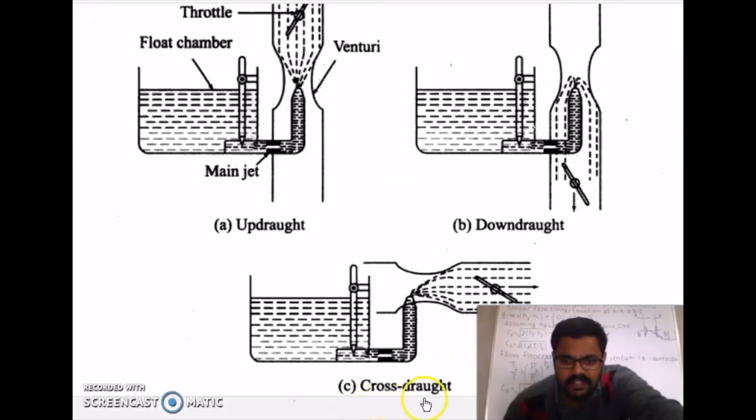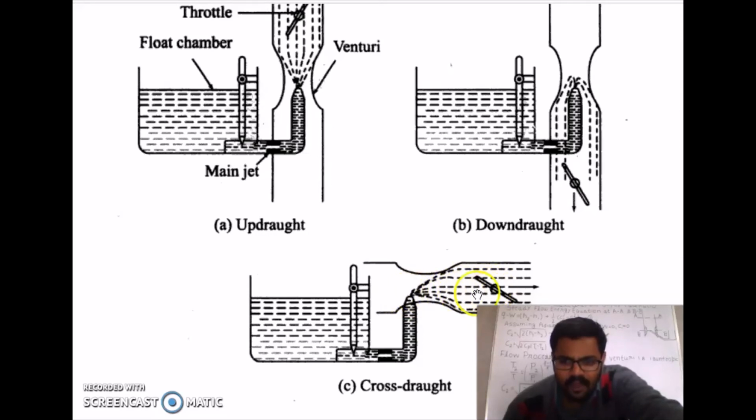So here you can see this is cross draft carburetor. So air will enter from this side, it will go in this side, and this nozzle is at 90 degree. So fuel will come from this nozzle and it will enter into the air stream. So it is called cross draft, because the direction of airflow and the inlet of the fuel, they are at 90 degree.